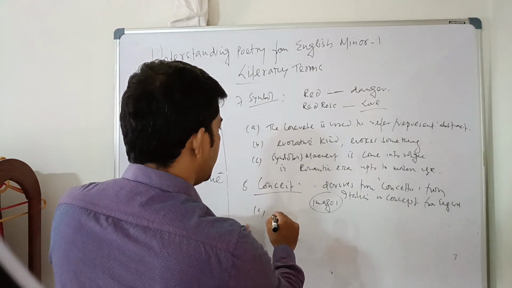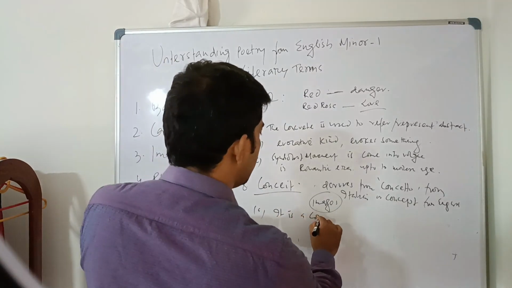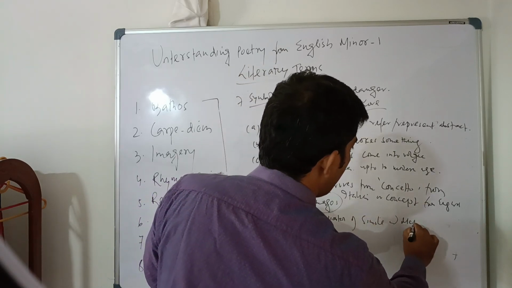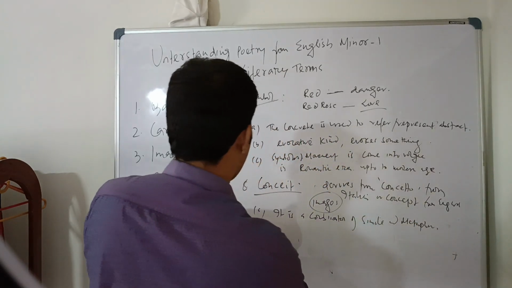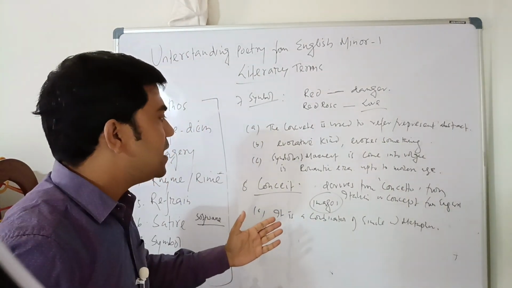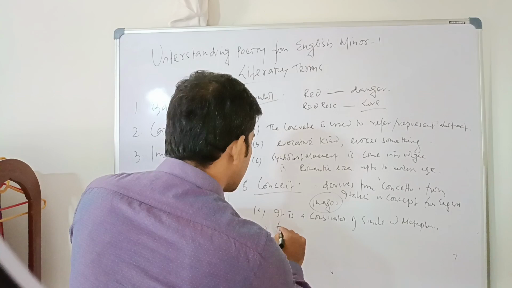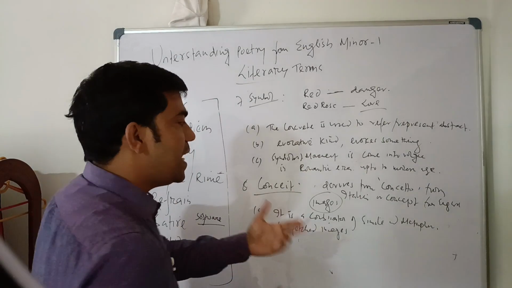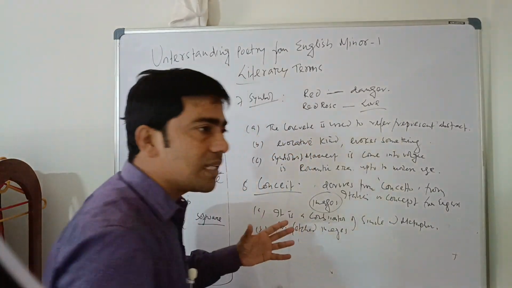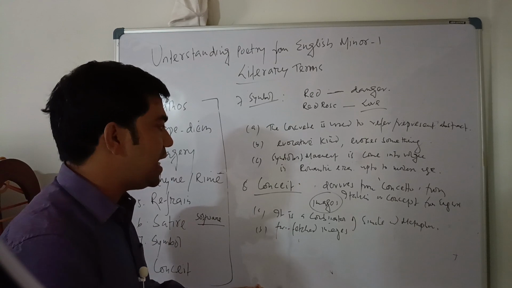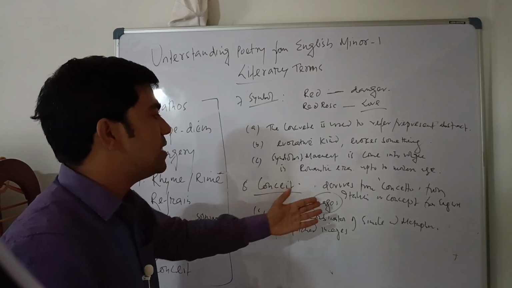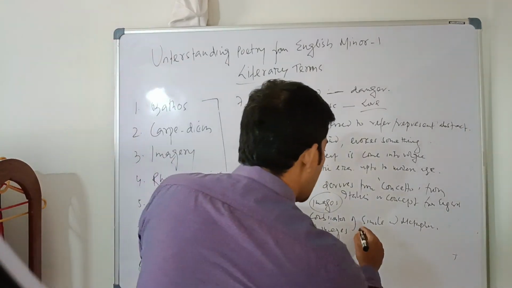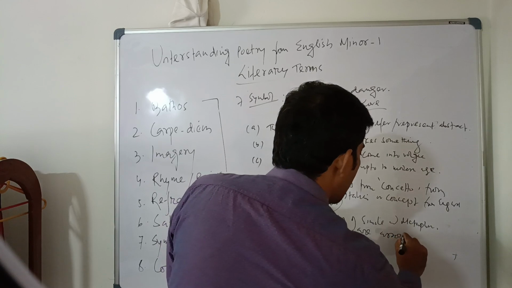Features are: it is a combination of simile and metaphor. B number is, it is about far-fetched images, associated with the conceited languages.